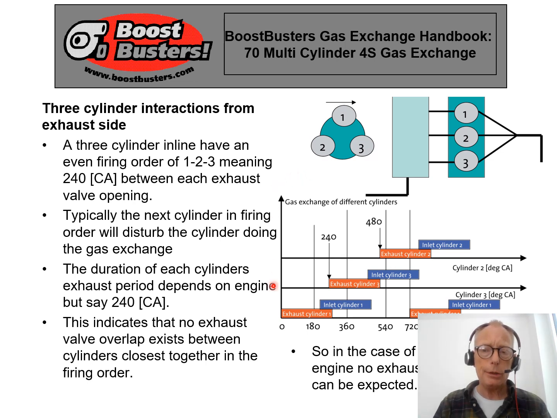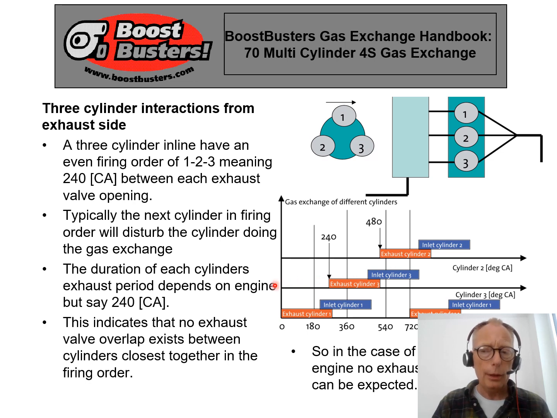Looking in the gas exchange diagram, where we bring everything together, at the first horizontal axis we would have cylinder number 1. Since cylinder number 3 is the first cylinder to come after cylinder number 1, the second horizontal axis will represent cylinder number 3. And of course, the last one, cylinder 2, will be on the top.